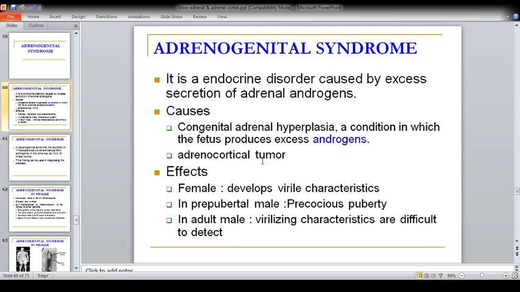Moreover, they are limited to a certain area, whereas malignant tumors multiply at a faster rate. Moreover, they invade the surrounding tissue as well as distant tissue.